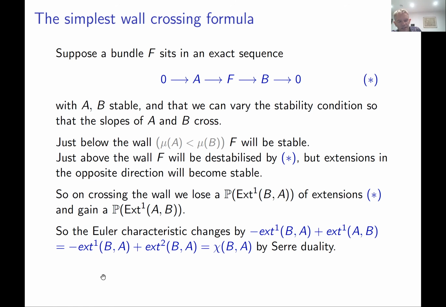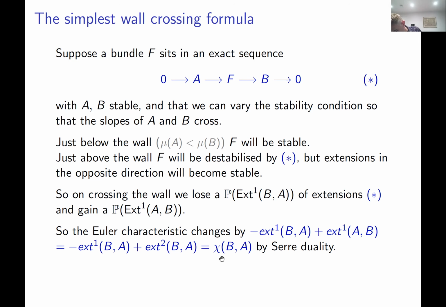And so what you find is these extension groups, or dimensions of these extension vector spaces, you can't control these. You have no control whatsoever over Ext^1, but you have complete control over their alternating sum. That's given by a Riemann-Roch formula or an index formula.